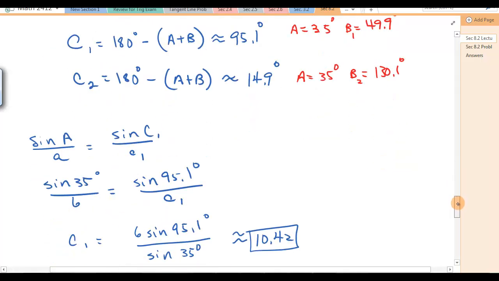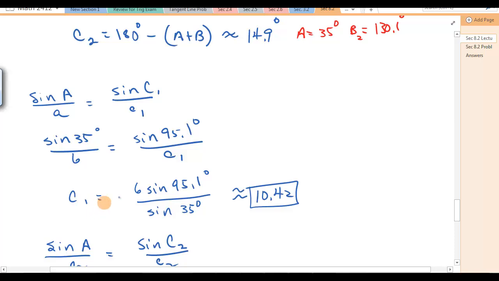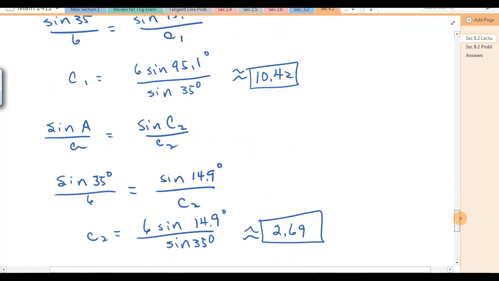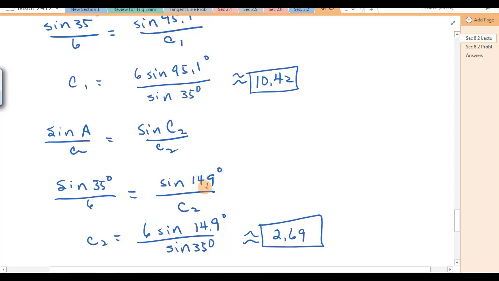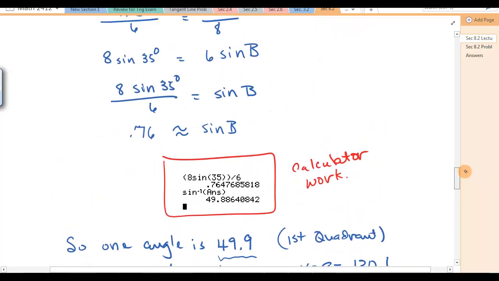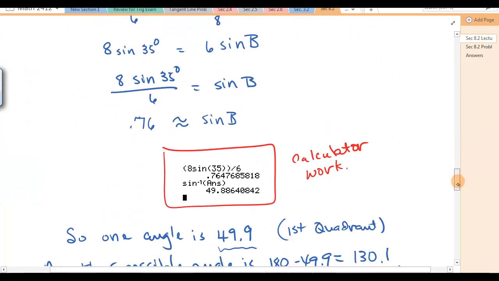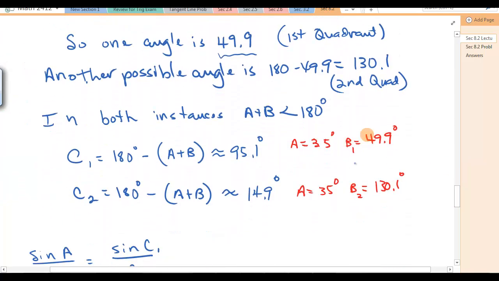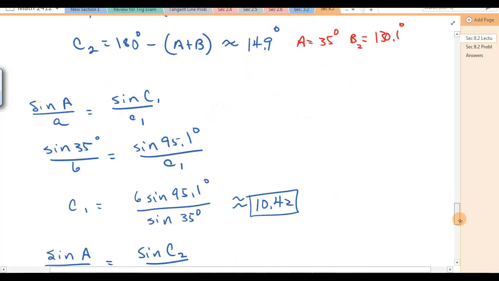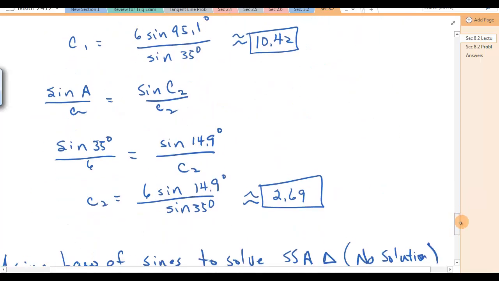Then we go on and figure out side c, but you have to do it with the 95.1 and also with the 14.9. So you get two possible c's, and you have two total triangles, because the other parts are the same but you got two possible angle C's, and then two side c's.